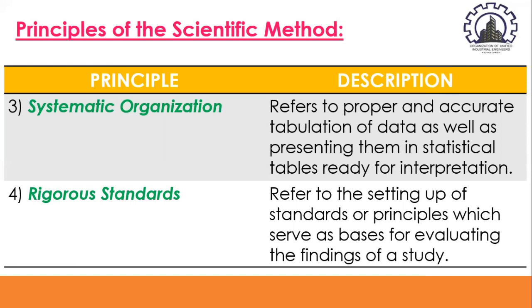And the principle also refers to the accurate statistical computation and interpretation of quantified data. In other words, if you have statistical computation, it should be true and correct. Okay, so your computation should be correctly computed.